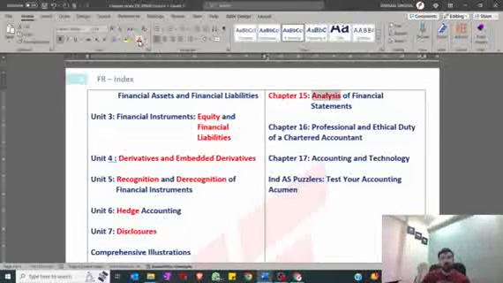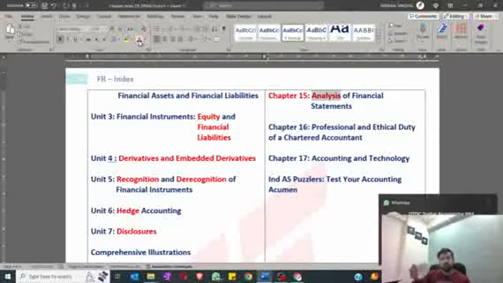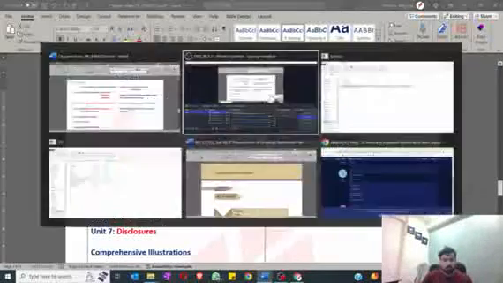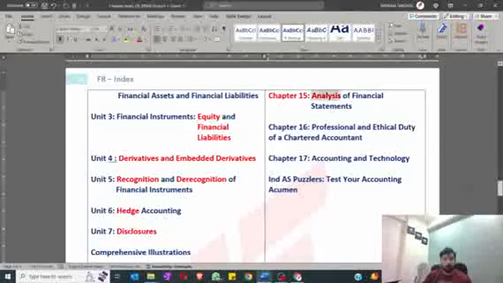Say, what is its profitability position, what is its capital structure, what is its liquidity position, current assets or current liabilities position. So chapter 15 talks about analysis of financial statements.